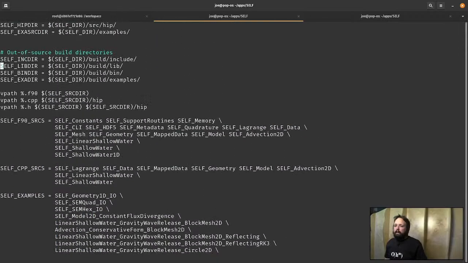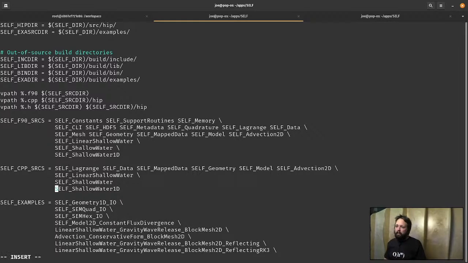If you open up make.include, you'll have SELF F90 sources, and you can see I've already added SELF shallow water 1D here. If you start to add GPU kernels, you'll also want to add that to the SELF C++ sources. That just makes sure that the CPP file that we just added actually gets compiled during the build process.